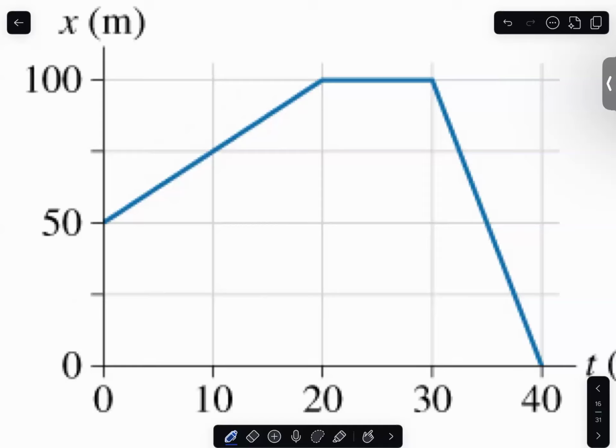Tell me the slope at time t equals 22 seconds. The question is, what's the slope at time 22 seconds?